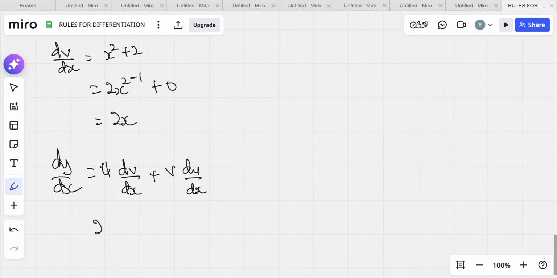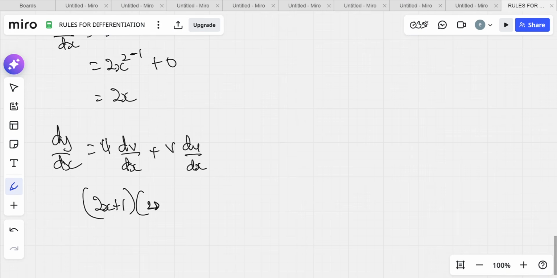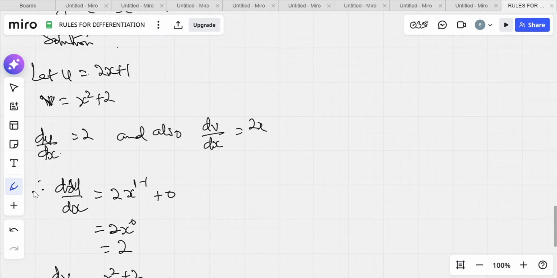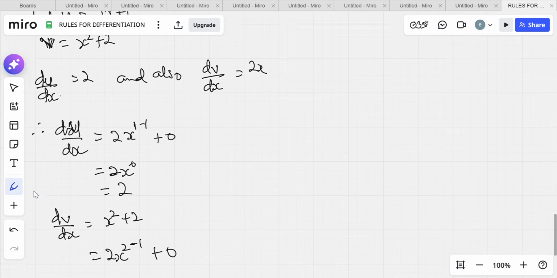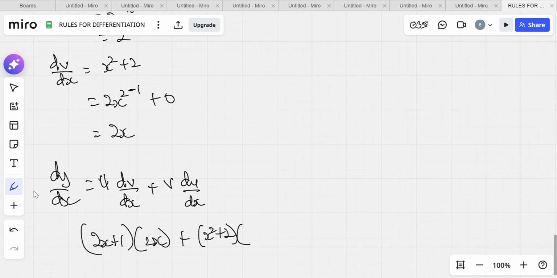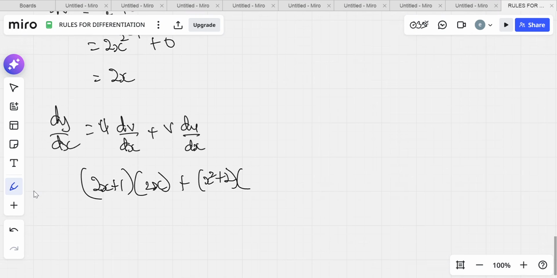So 2x plus 1 is multiplying our dv, which is 2x, plus our v, which is x squared plus 2, multiplying our du, which is 2. The differentiation of u is 2. So this is how we are going to arrange it.